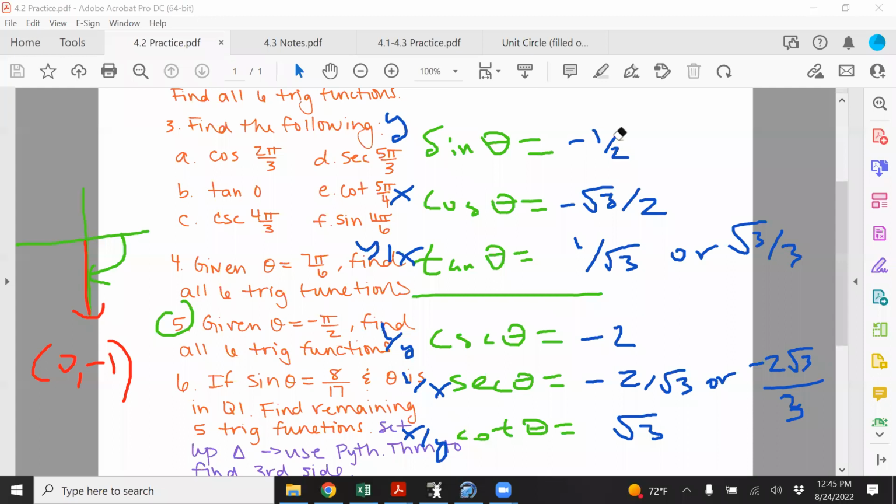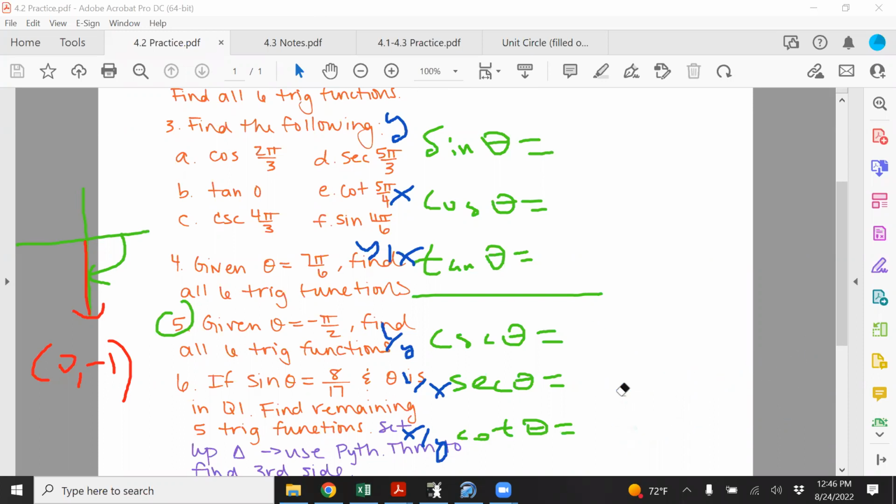So let's erase this. -1/0, or undefined. I'll write UND for short. You flip. And that's just 0. So you just flip them.